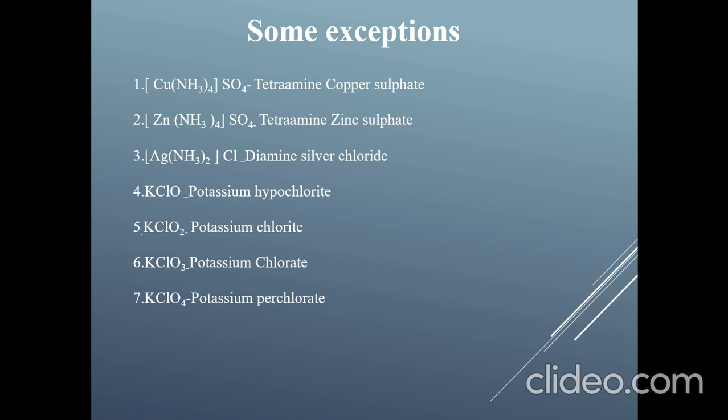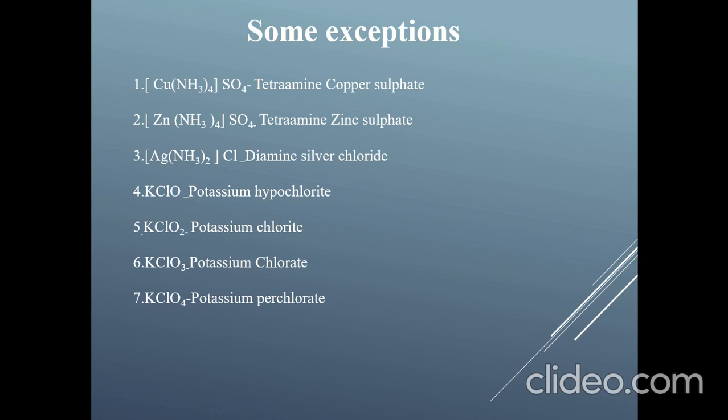KClO. Now here, depending on the number of oxygen atom, the suffix is changed. So if it is KClO, we write potassium hypochlorite. If it is KClO2, it becomes potassium chlorite. KClO3, it becomes potassium chlorate.